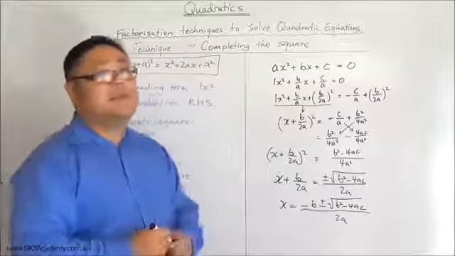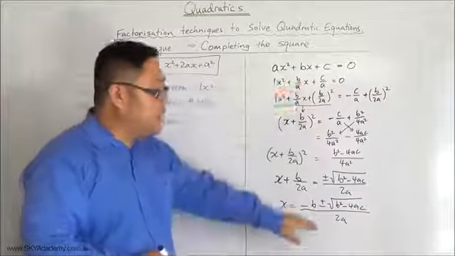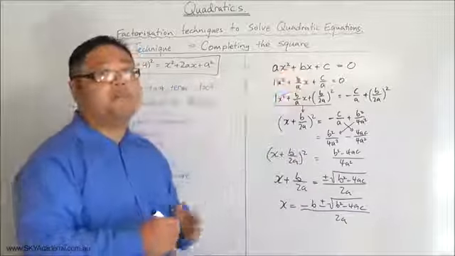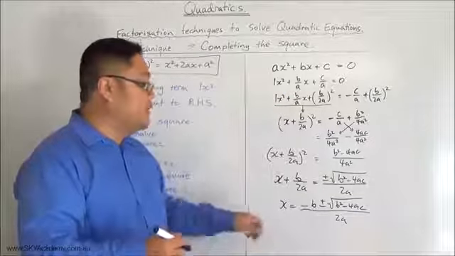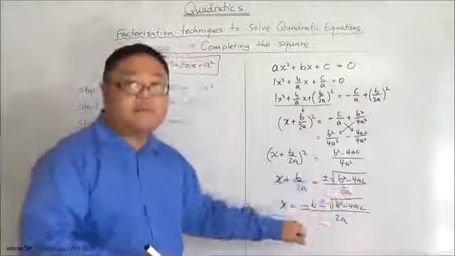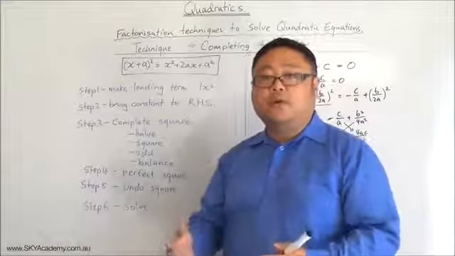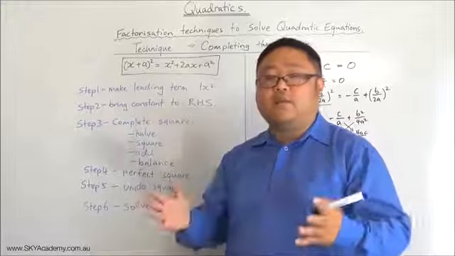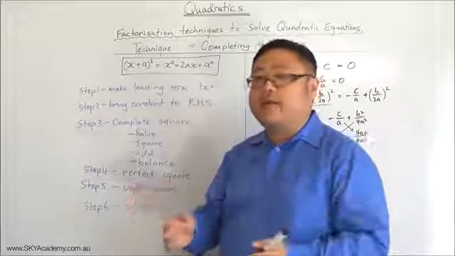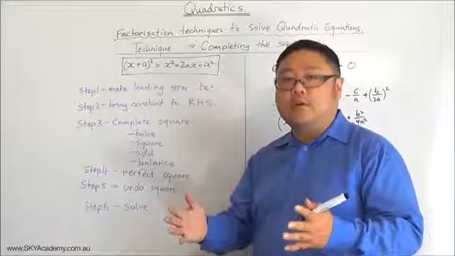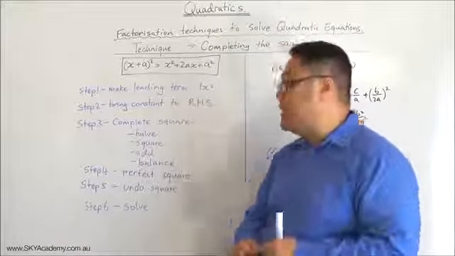Yep. And so by completing the square for a generic quadratic, we end up with this formula. And that formula is what we can use to work out any sort of root for any sort of quadratic that we might have. That is, assuming it has real roots, and I'll talk about that in a second.